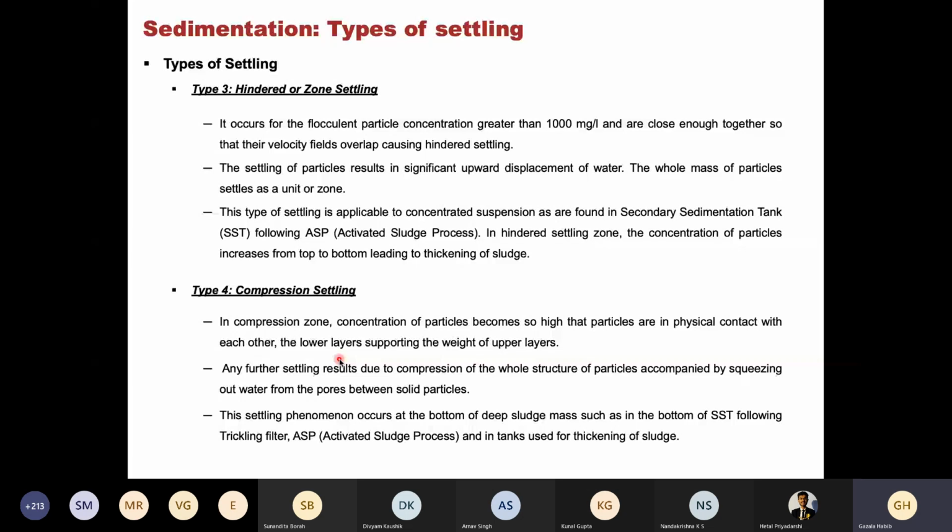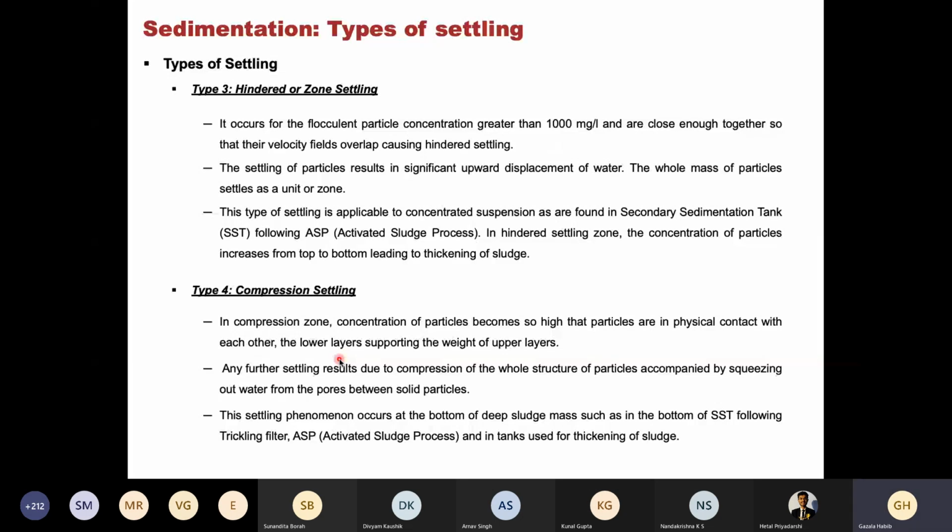That is compression: a kind of settling due to the pressure of the upper layer on the bottom layer. You can imagine two or three layers, where the top layer is compressing the bottom layer, and because of that, whatever water remains in the voids between the particles goes out and the sludge becomes thickened. That kind of thickening of sludge is known as compression settling.